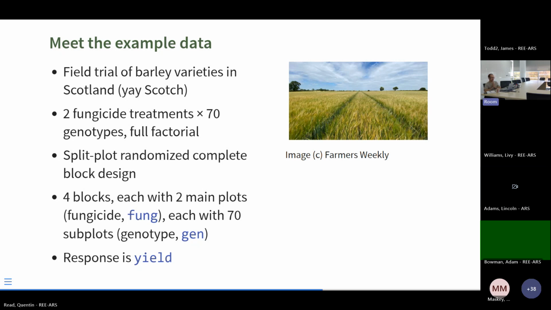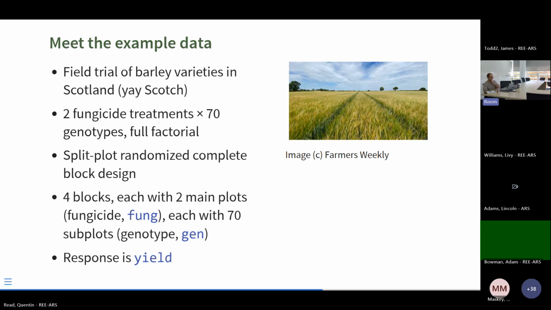This is an agronomic field trial, where they have a bunch of genotypes and planted them in plots in a field. Not only did they plant 70 different genotypes, there's also 2 different fungicides that they wanted to see if they could be used to improve the yield of the barley.